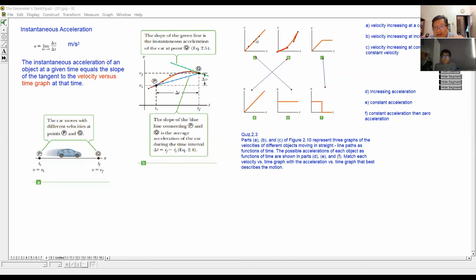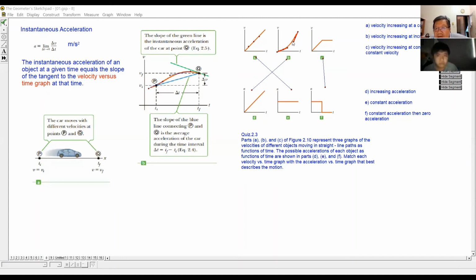If the rate of increase of velocity is constant, it means that the acceleration is constant. If you look at the acceleration graph, the acceleration is fixed all the time. It's a horizontal line. So it is E.